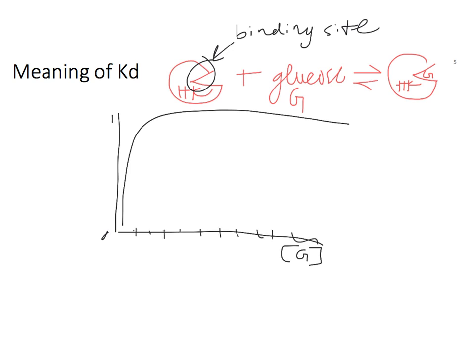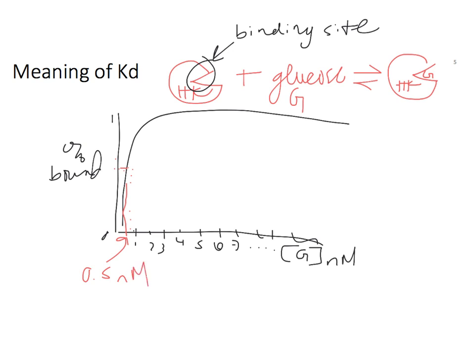I'm going to put this in nanomolar. 1, 2, 3, 4, 5, 6, 7, and so on. And again, this is percent bound. If I go 50% is about here, drag it over, and drag it on down. It's hard to see. That makes this 0.5 nanomolar.